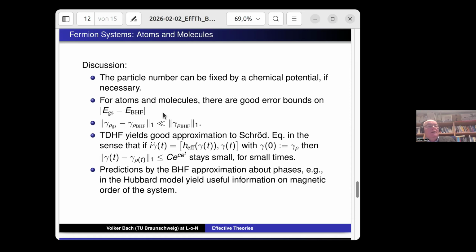Here one can say that the one particle density matrix of the ground state and the Bogoliubov-Hartree-Fock density matrix are close to one another. Their L1 norm is, for a large system, much less than the number of particles in the system. I have to say I'm being a bit vague. This applies to systems with a large nuclear charge.